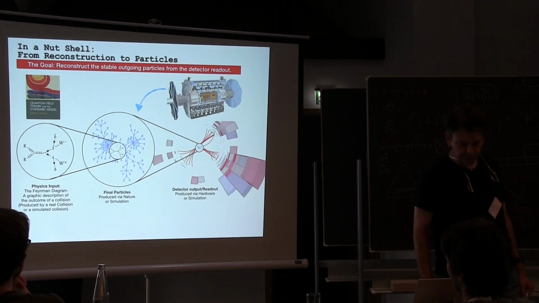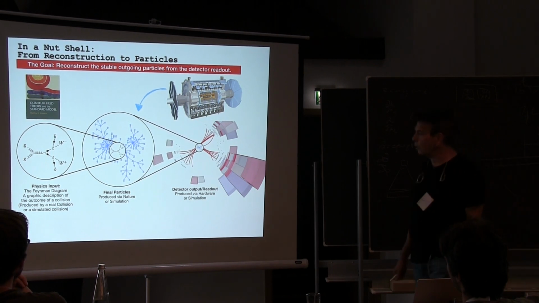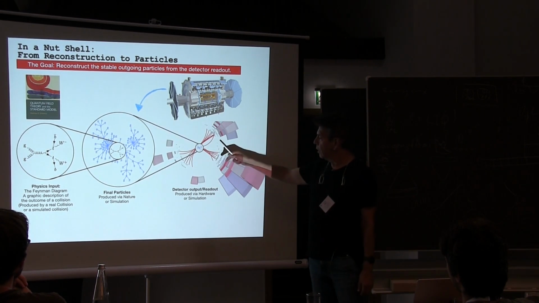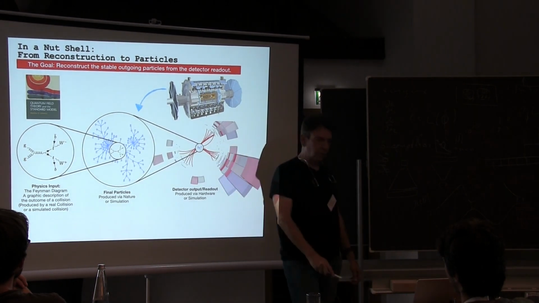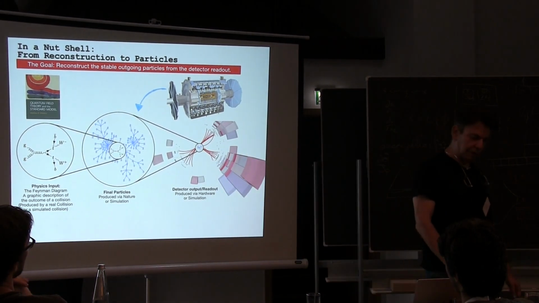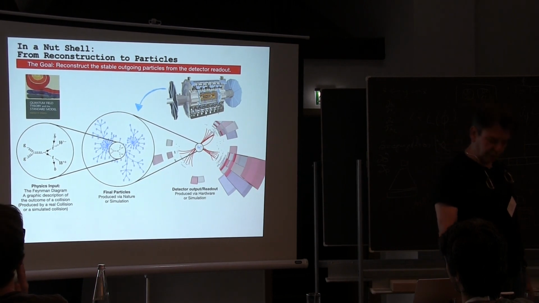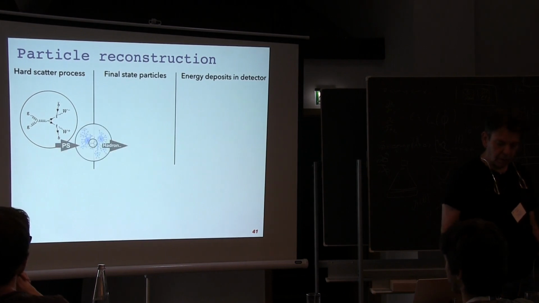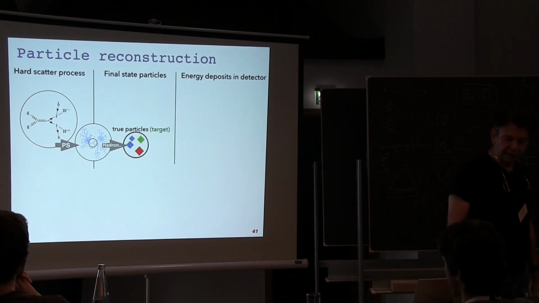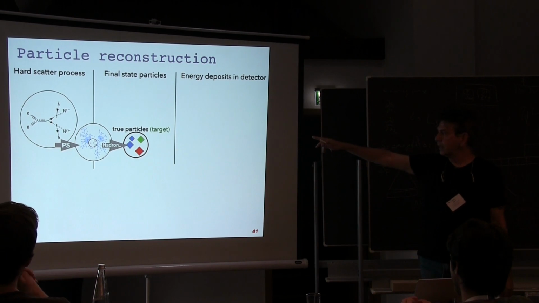You already know it. So the problem is, as we said, to go from the detector into the real particles, the true particles that hit the door of the detector. So we have the final states. We have a set.